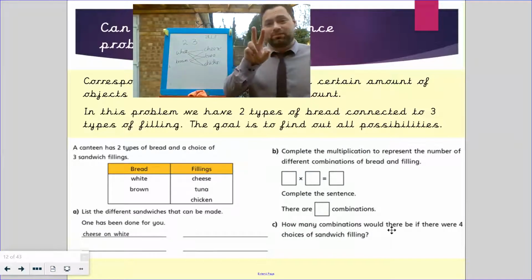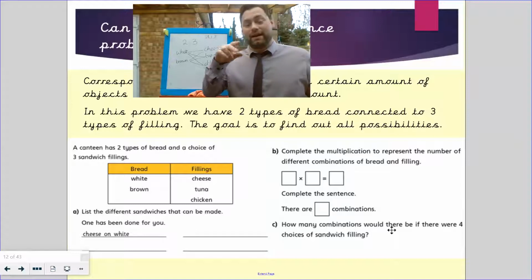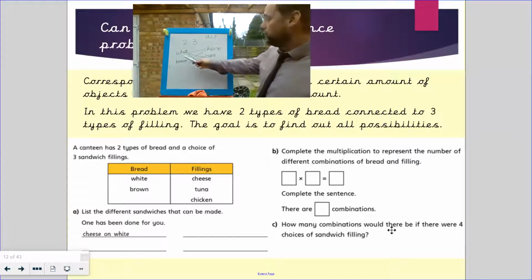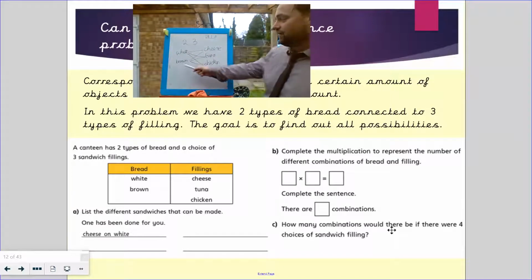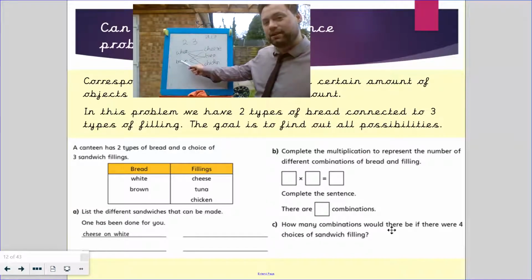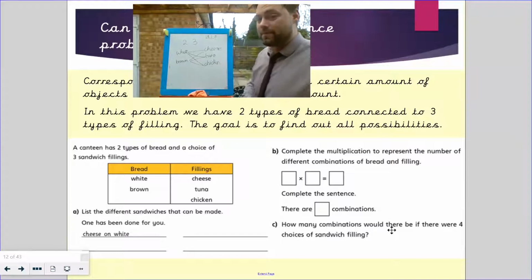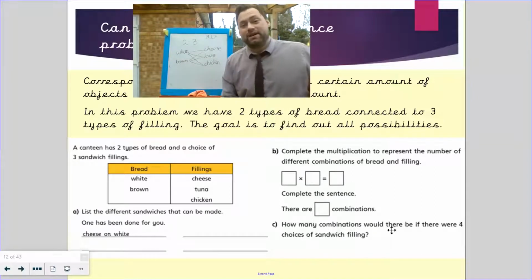For 2 types of bread, we're going to get a total combination of 6, aren't we? Because the white bread here has got 3. We've now got another set of brown bread. We're now going to have another 3 fillings. So that in total will be 6. If we had, I don't know, French bread, with these fillings, we would then have 9 different combinations.